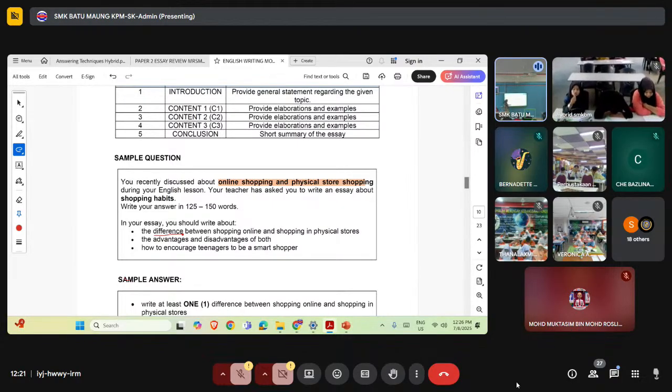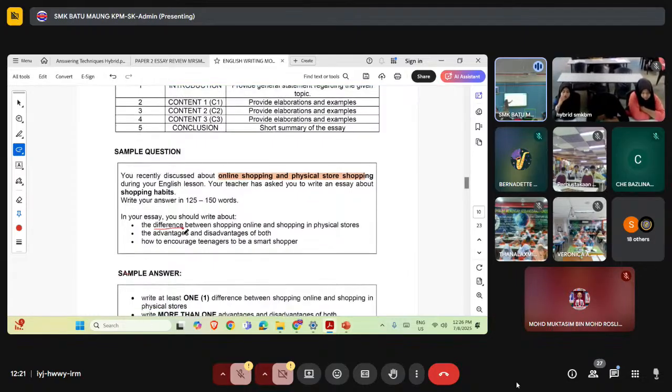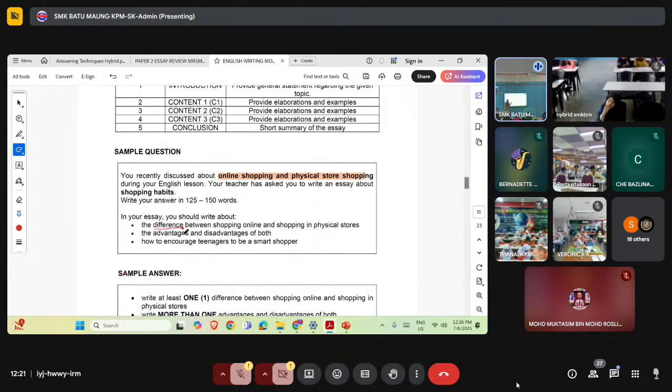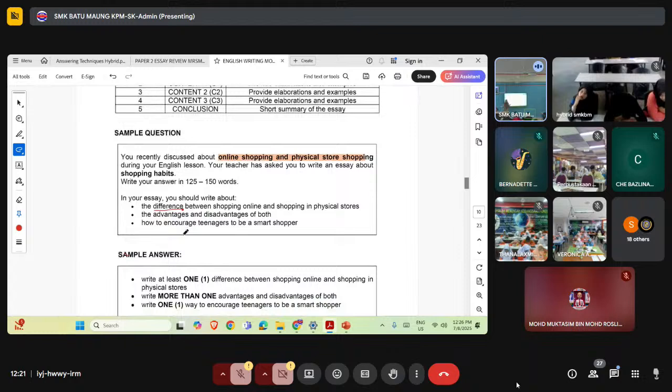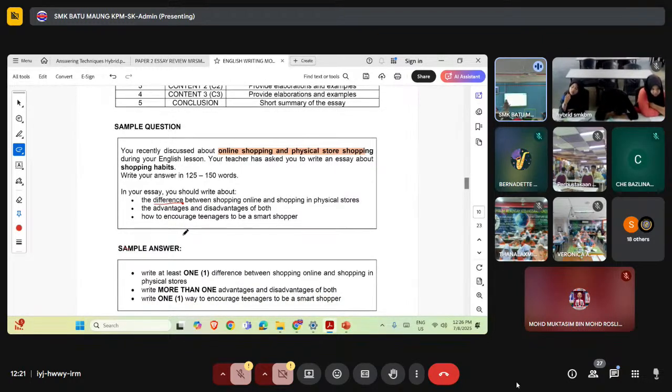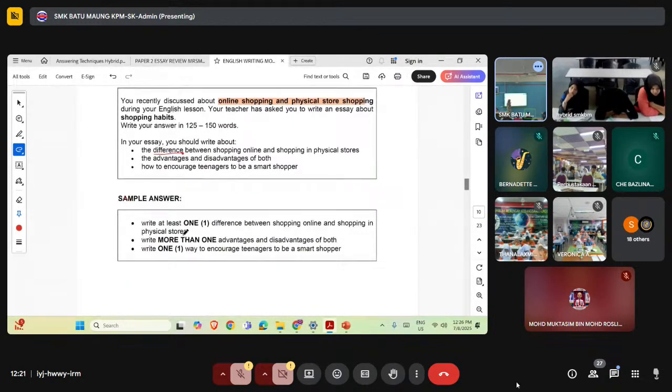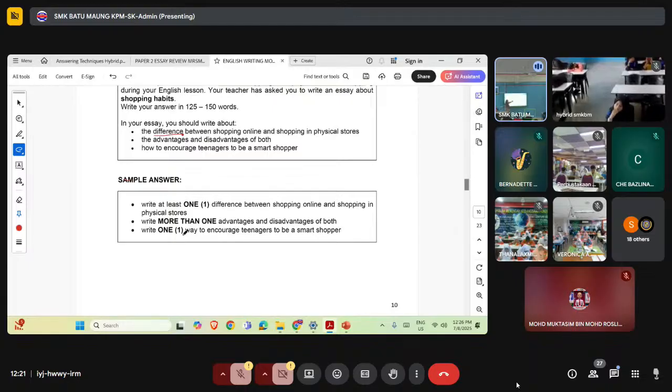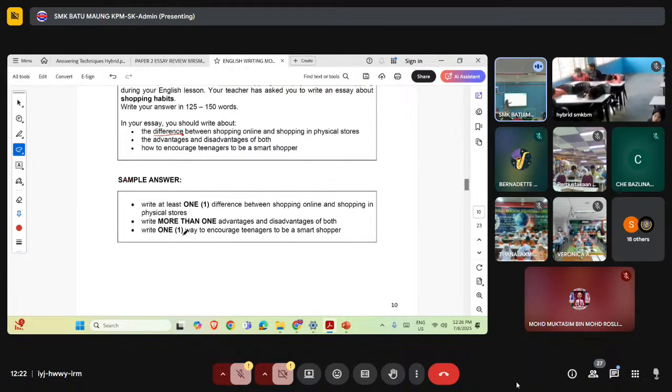Okay, let's see the answer. So far, do you understand? Take from the prompt, take the question, the whole sentence, then only you elaborate and give examples. So here, at least 1 difference, write more than 1 advantage, and write 1 way to encourage, okay?